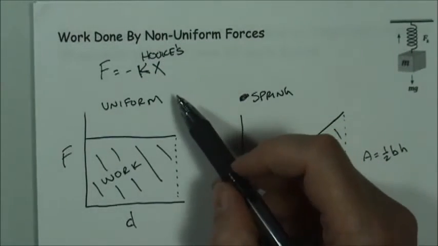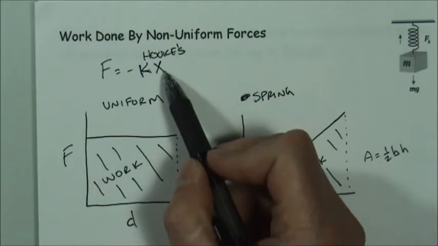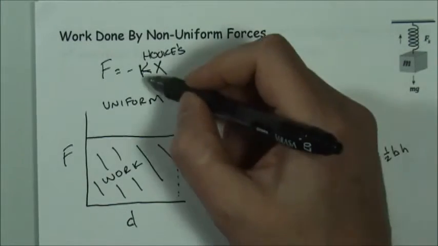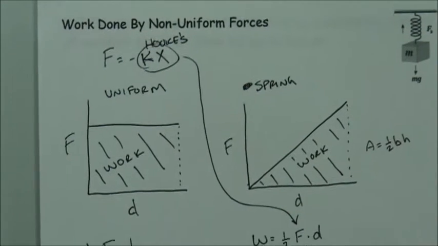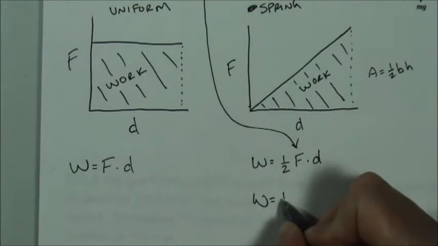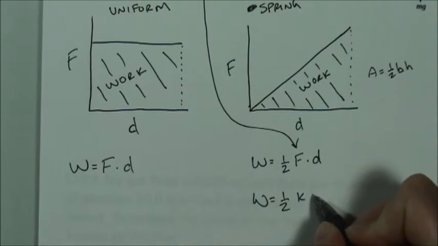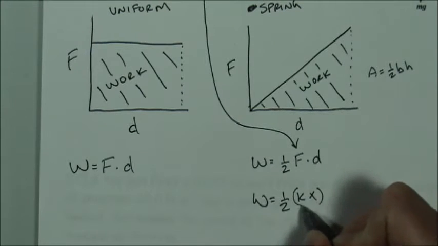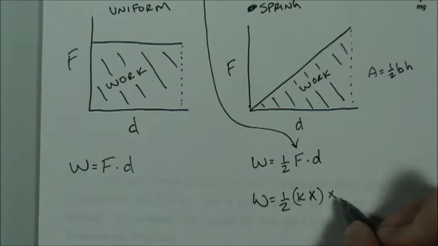So if you imagine that the formula for force is K times X, then I can make a substitution down here for F, and that would look like this. W is equal to 1/2 K times, in this case, X, times D again, which is the same thing as X, that's the displacement.